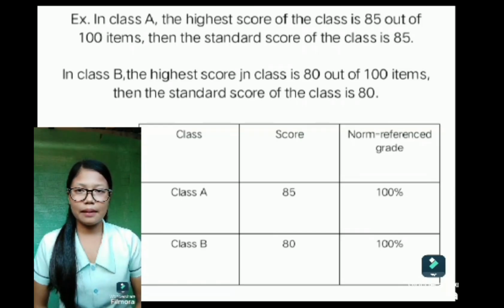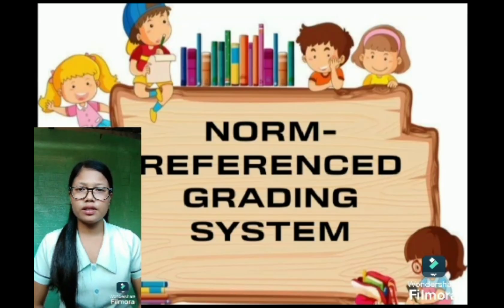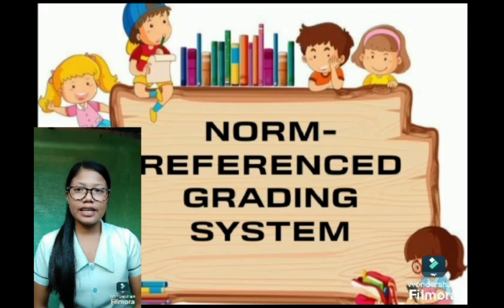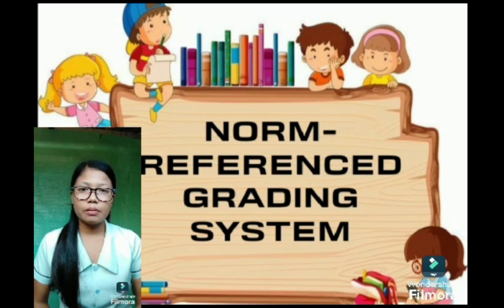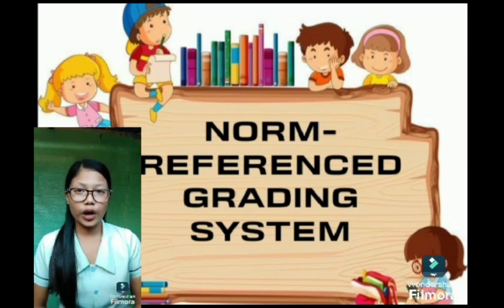So in this example, it shows that the one who got the high score, which is in class A, would be the standard and will likely get the highest grade, and also be the top one of the class. Although each class has different scores, they have the same grade.